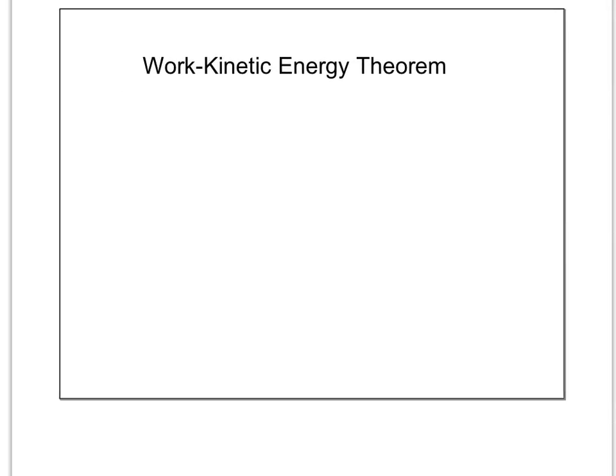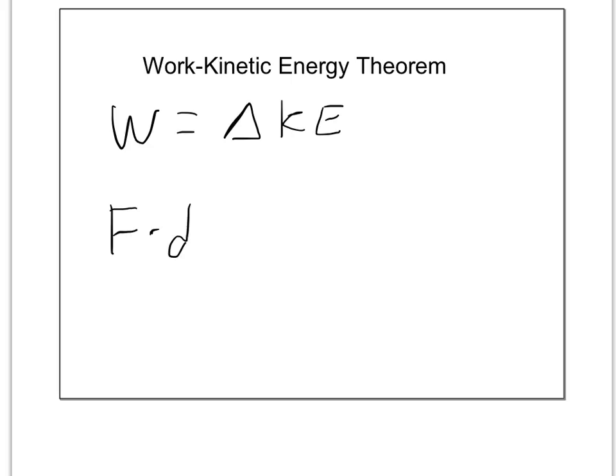Okay, so I've already mentioned this, but we've got an important theorem called the work kinetic energy theorem, which says that when you apply work, that equals the change in our kinetic energy. Or in other words, force times distance equals K energy final minus K energy initial.